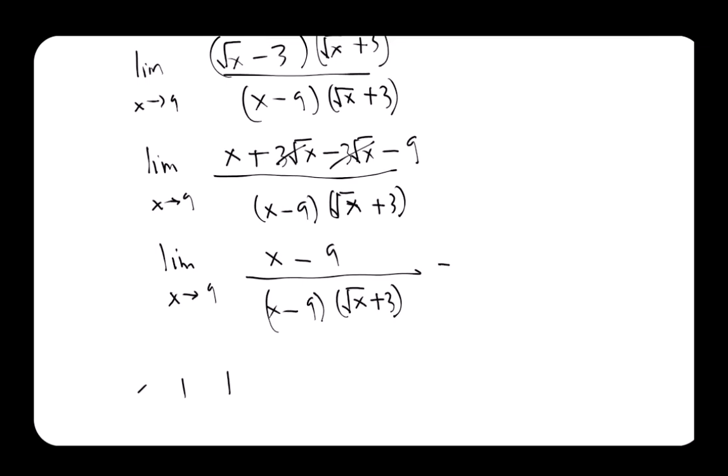Now this is going to give us 1 multiplying x minus 9 divided by x minus 9 multiplying square root of x plus 3. That is the function we have over there.